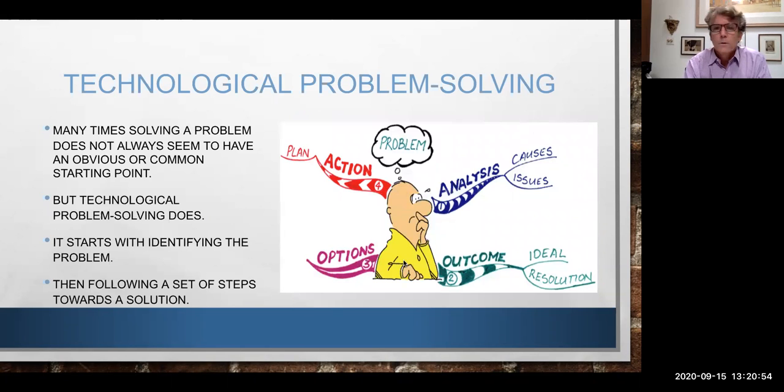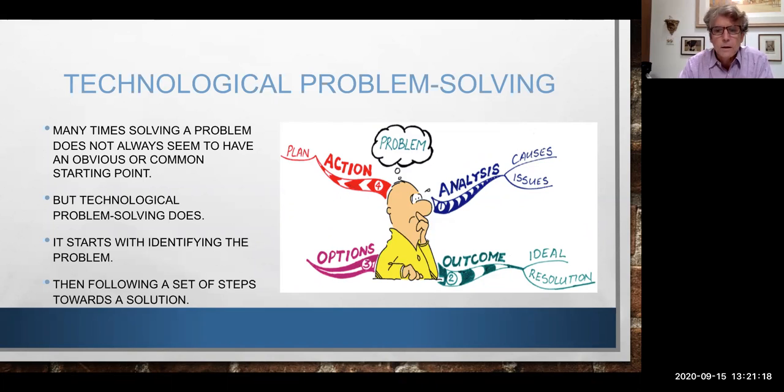So, okay, we've got 10 minutes left. Technological problem solving. Many times solving a problem does not always seem to have an obvious or common starting point. But technological problem solving does have, hopefully, an obvious and common starting point. It starts with identifying the problem.